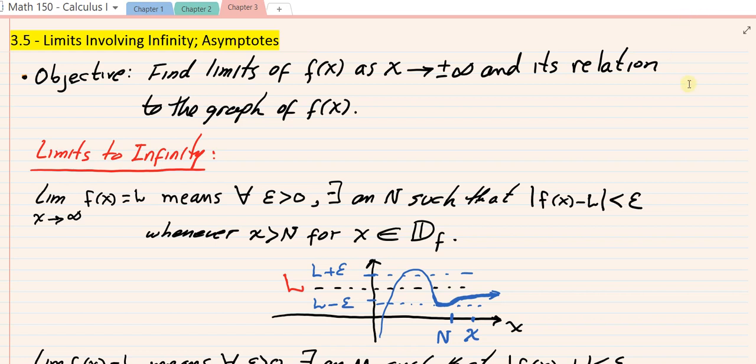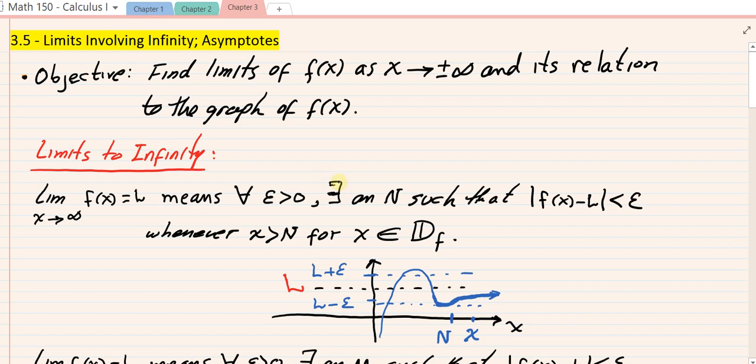So first of all, we have the epsilon delta version of the limit to infinity here, as you can see. So we're going to say the limit as x approaches infinity of f of x equals L, the limiting value. And what we mean by this is that for every, remember the symbol here, this means for all or for every, epsilon positive, then this is the existence modifier we have, right?